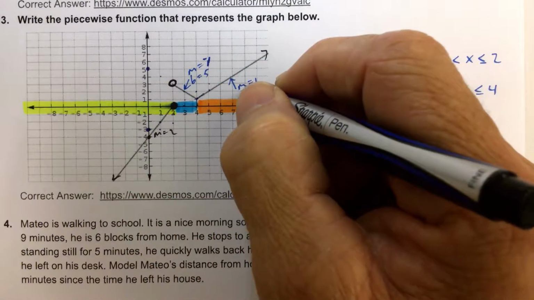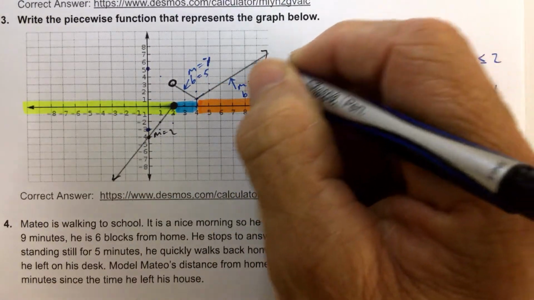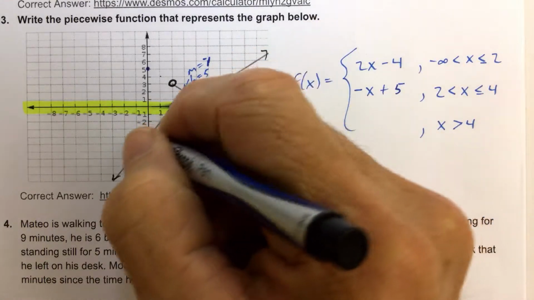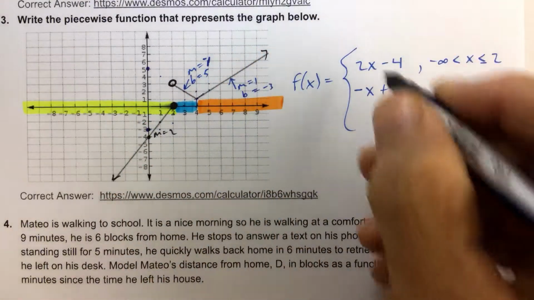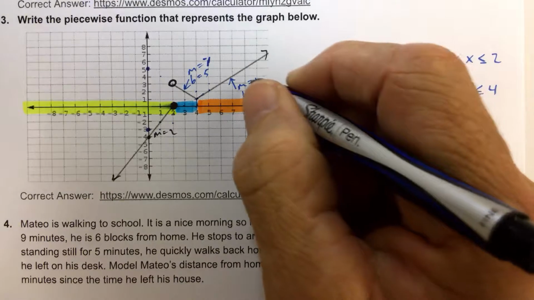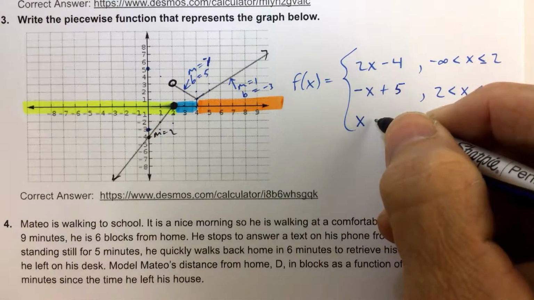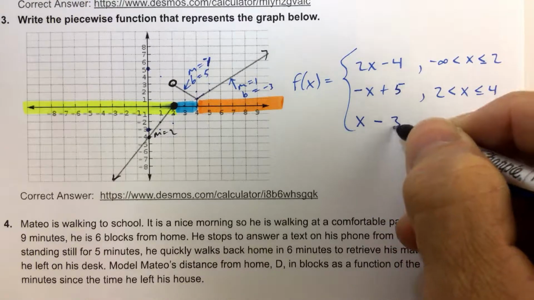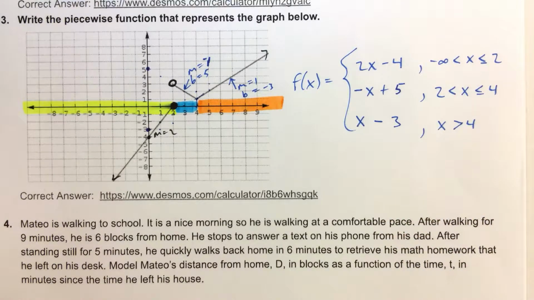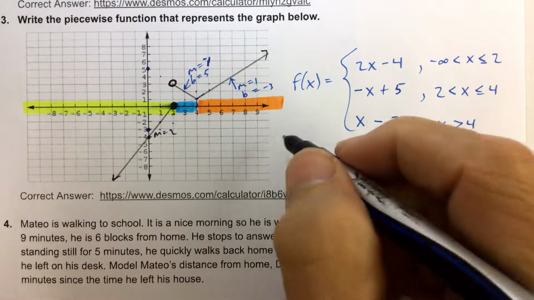So it would have a y-intercept of negative 3 if it continued. That's what we need: the y-intercept and the slope to come up with the slope-intercept form. The slope being 1, y equals 1 times x, or just x, plus the y-intercept, negative 3. So that's one way you can do it.